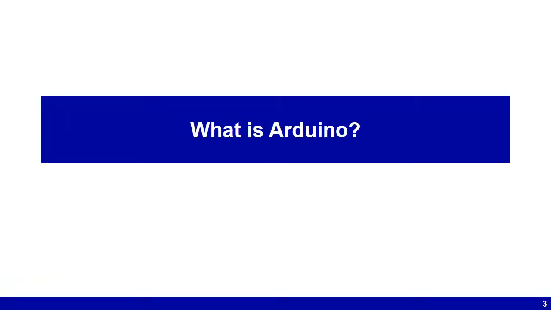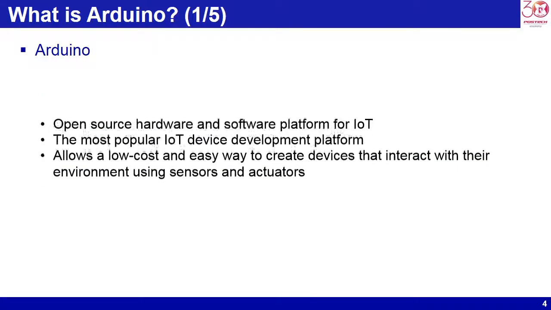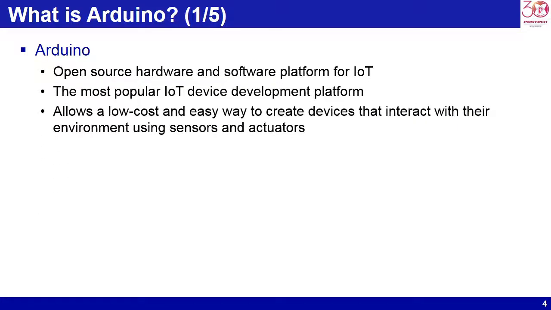So, what is Arduino? Well, Arduino is an open source electronics platform based on easy-to-use hardware and software. It is intended for anyone, beginners as well as experts, making interactive things.